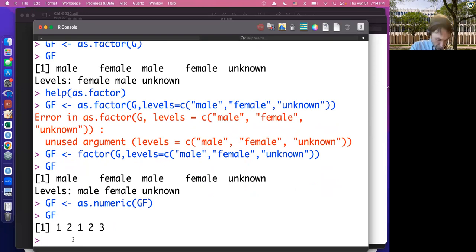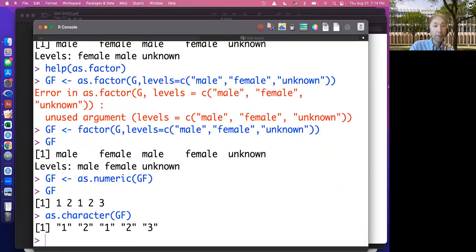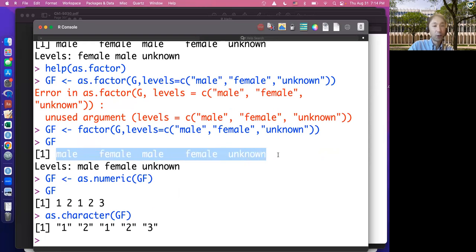So one confusing fact is if we transform this into a character vector again, this just becomes 1, 2, 1, 2, 3 in quotation symbols. Because at this point, R knows that we have names for these 3 categories.